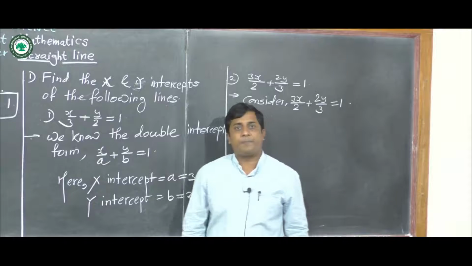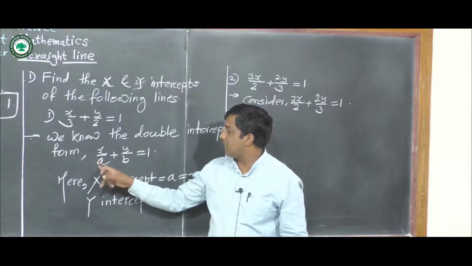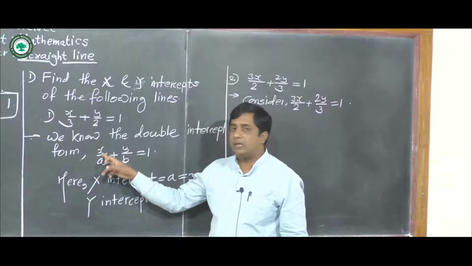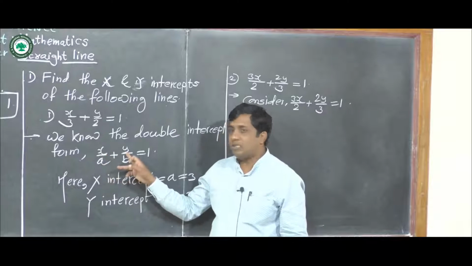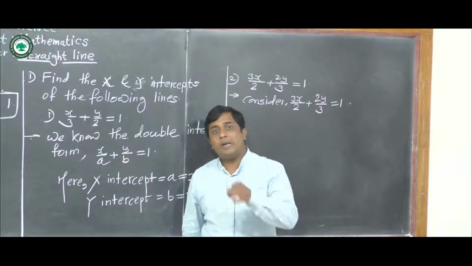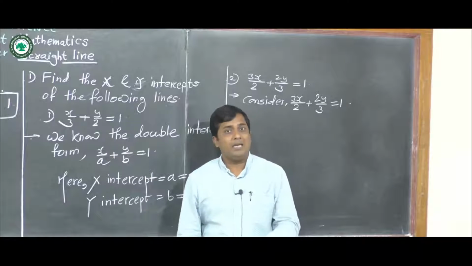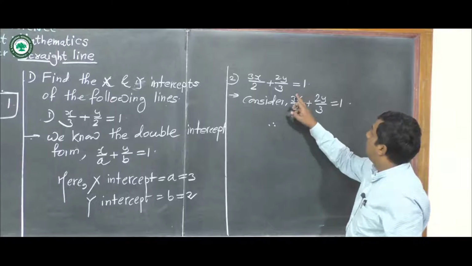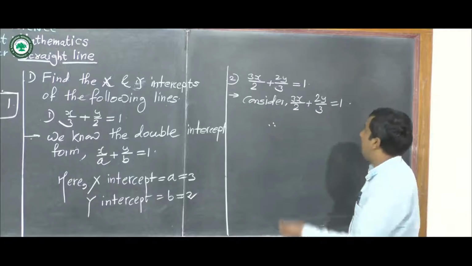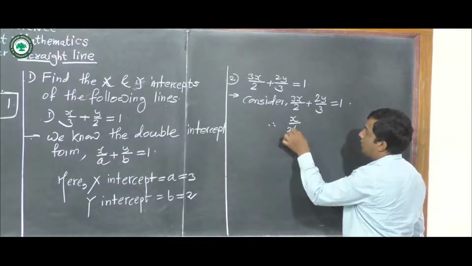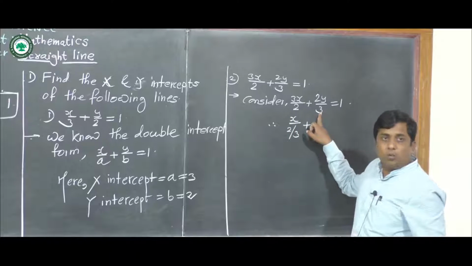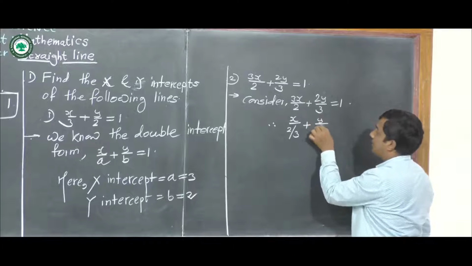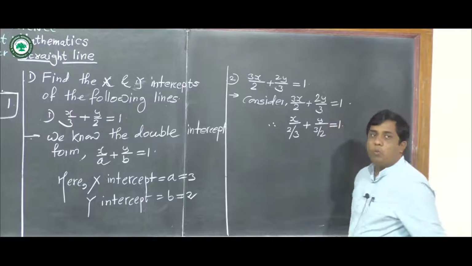We know our double intercept form, x upon a plus y upon b is equal to 1. Here in the numerator is x, here is y. So in the numerator we want only x and y, not any constant. So we divide numerator and denominator both by 3, so we get x upon 2 by 3, and next we divide numerator and denominator both by 2, and we get y upon 3 by 2 is equal to 1.